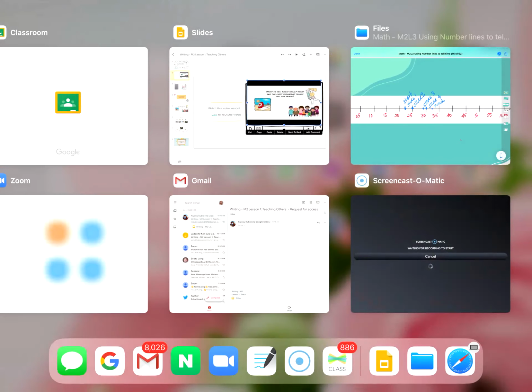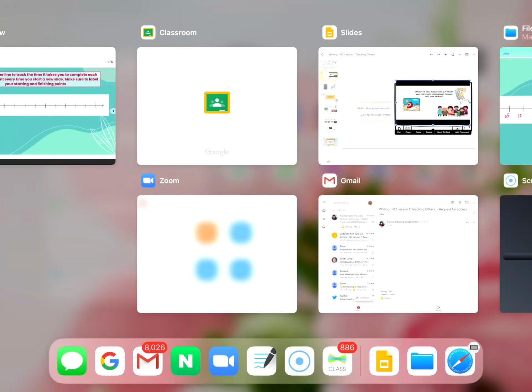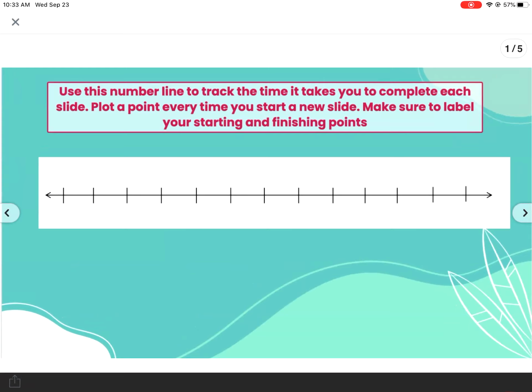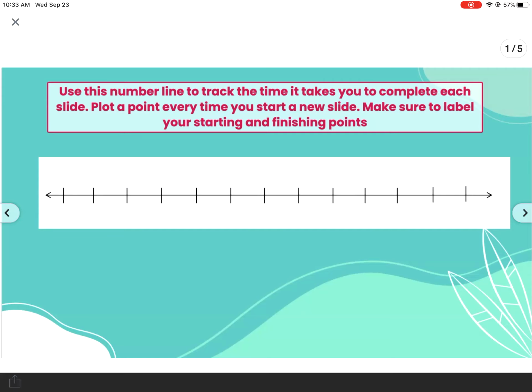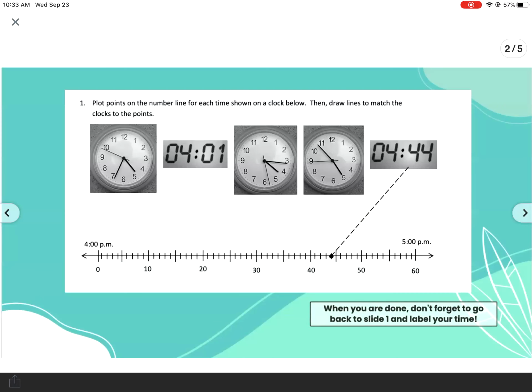So on your Seesaw 3K and 3S, you'll be able to see a similar question, and here is the number line to track your time. So don't forget to label your starting point and your end point, and also label each line along the timeline. And then here is your first question.